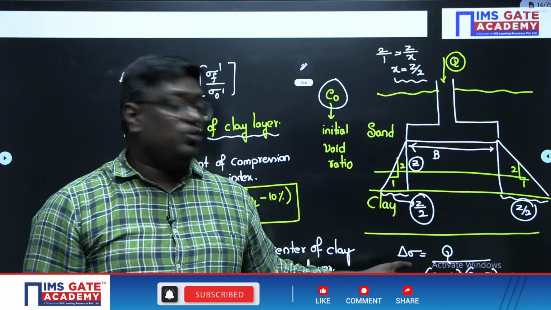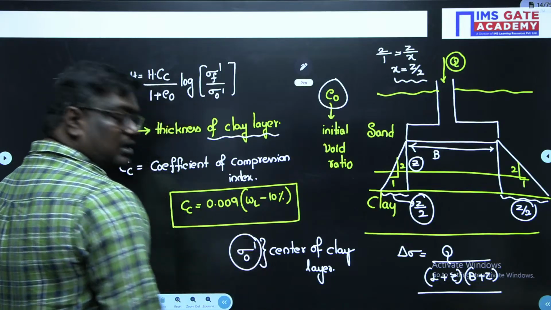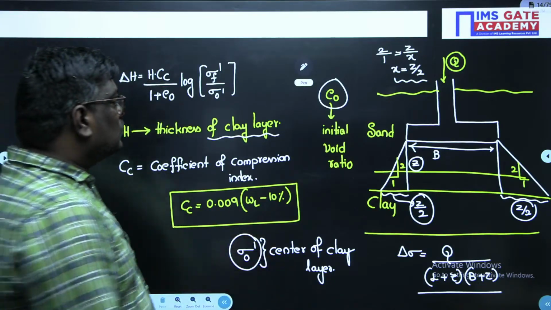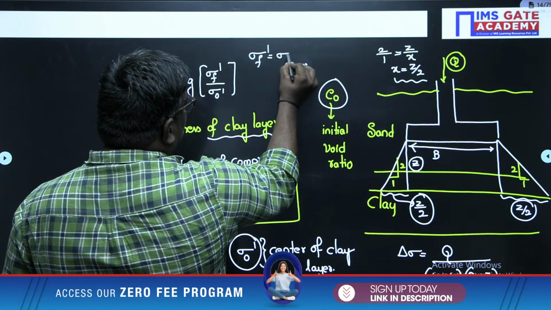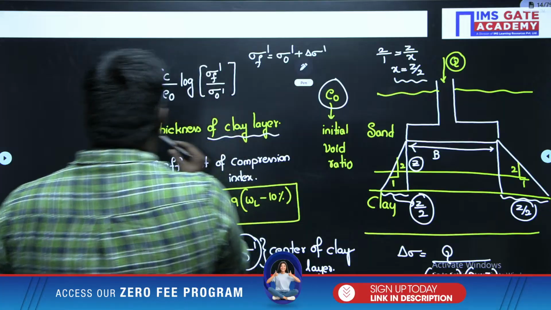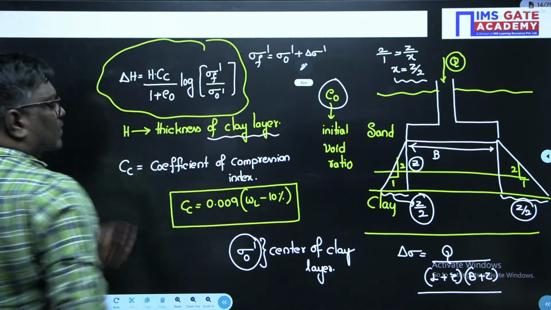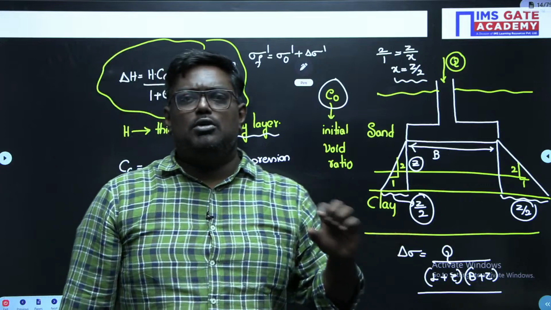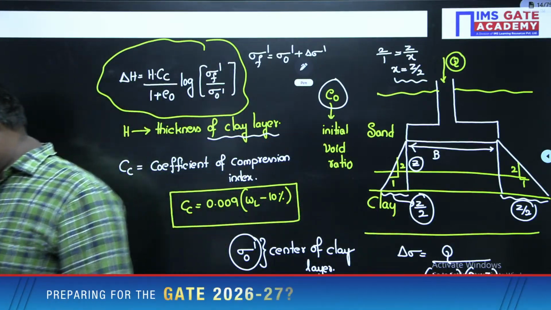This is how you calculate delta sigma. The final effective stress can be written as the initial effective stress plus delta sigma dash. If you follow all these steps, whenever they ask you a problem on settlement, you can easily solve it. So please keep this as a note.